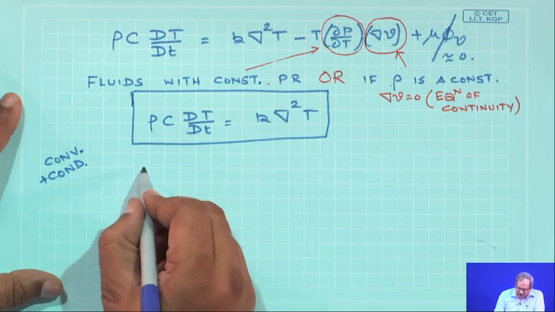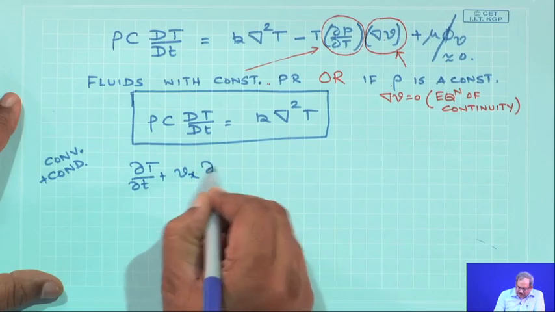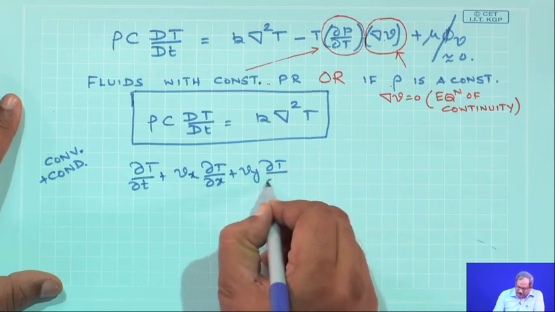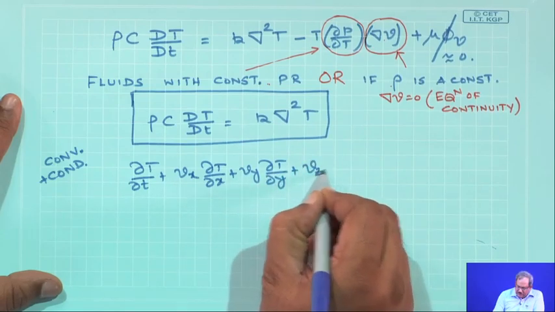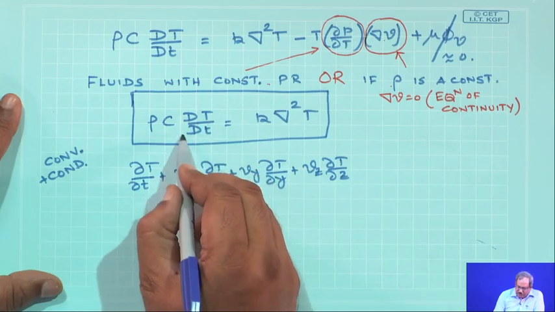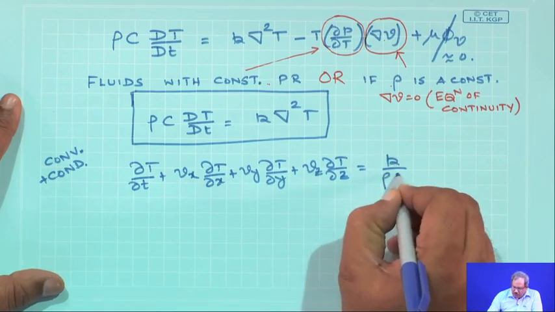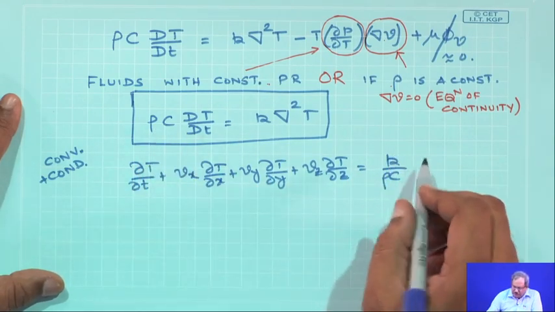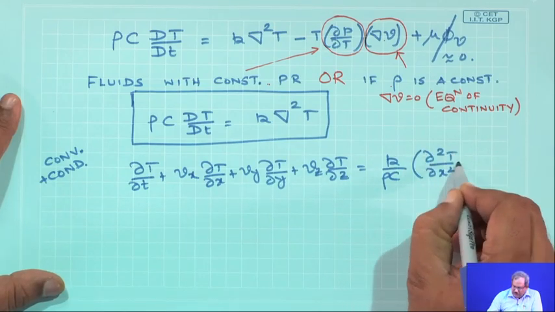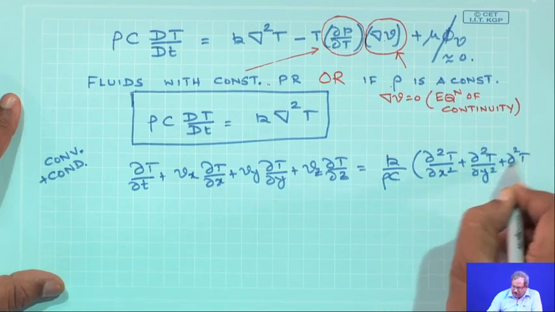I expand this term, which would be del temperature by del time plus Vx del T by del x plus Vy del T by del y plus Vz del T by del z, which is nothing but the expanded form of this substantial derivative, as I have described before, equal to k by rho c, I have brought the rho c on this side, times del 2T del x square plus del 2T del y square, and for the z.